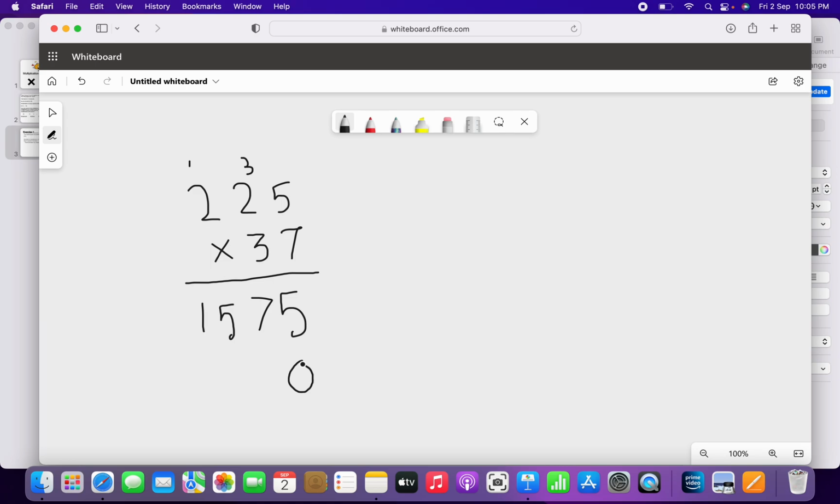We need to multiply by 30, which is 3. 3 times 5 is 15. 3 times 2 is 6. 6 plus 1 carry over is 7.